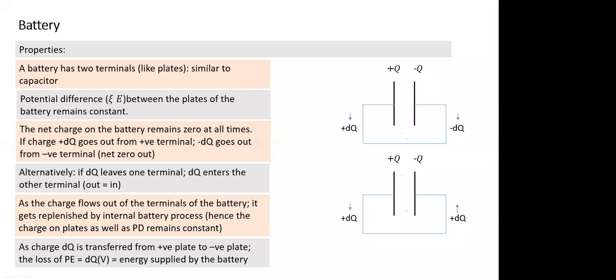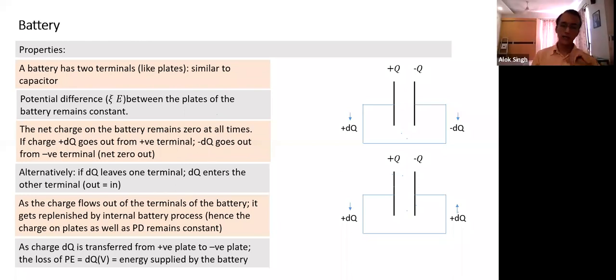Sir, in the first case, how do we explain the loss of the potential energy? You see, there are some devices with which we can measure charge flow. If I have a meter here, I find that charge dq has flowed out. And if I have a meter here, I find that charge dq has flowed in. The path is immaterial.